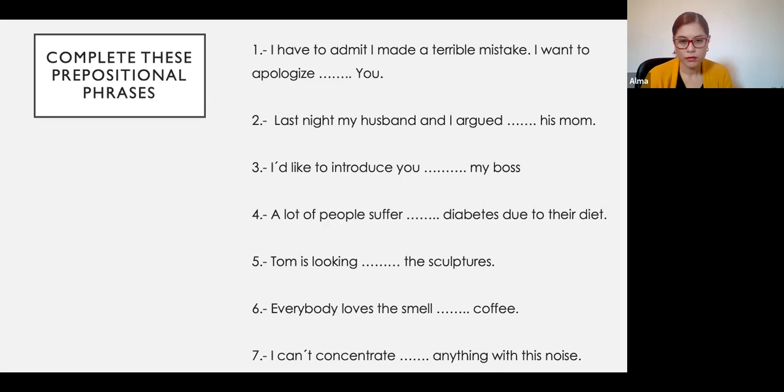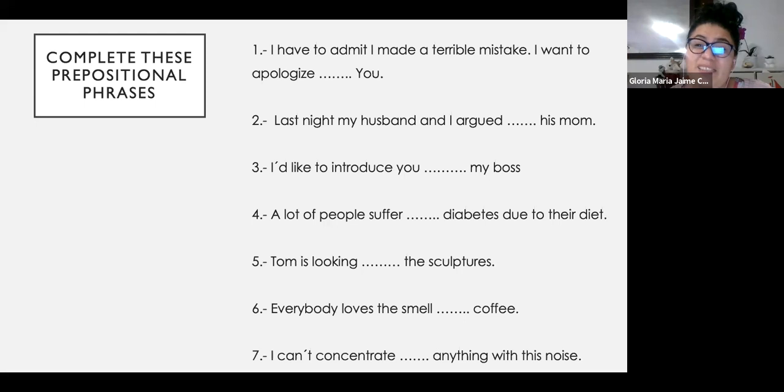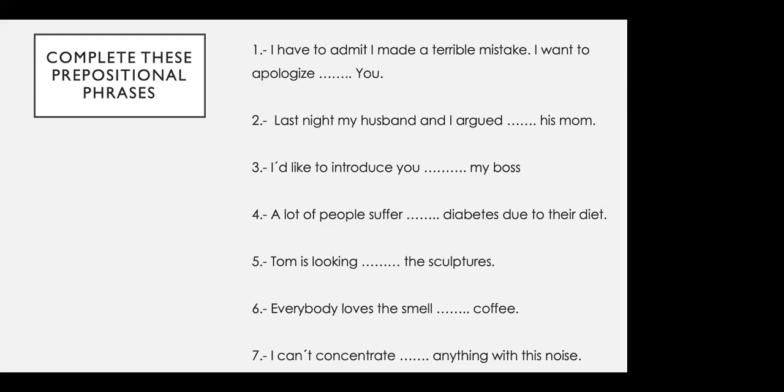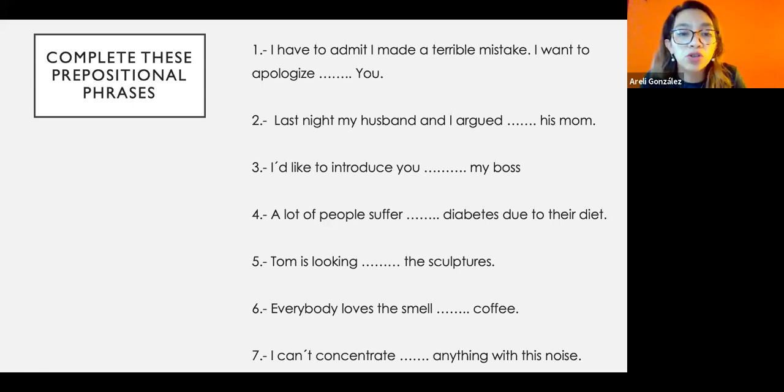Number four, Jasmine. A lot of people suffer about diabetes due to their diet. Okay, do we agree? From diabetes. What did she say? About. I said about. I think it's from. I think it's from too.